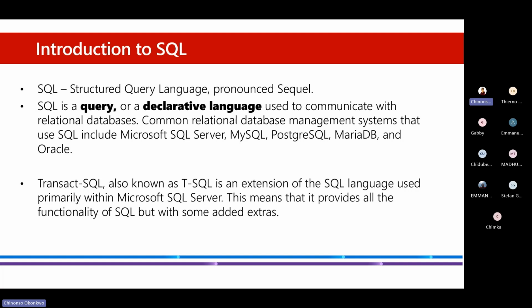For instance, when it comes to Microsoft, their variation of SQL is what we call Transact SQL, or T-SQL for short. Transact SQL is just like another dialect of SQL per se. It's just like when you have English, there is American English, there is British English.